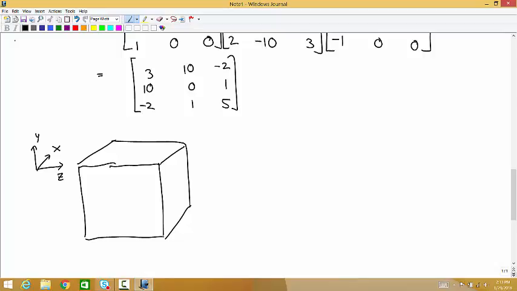Okay, so in the x direction, we have a positive 3. So that means the positive x face is the one into the page. And so we have a force going into the page there. And on the negative x face, that means we have a force coming out of the page this way.